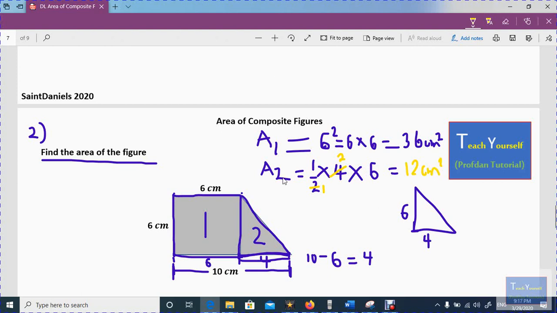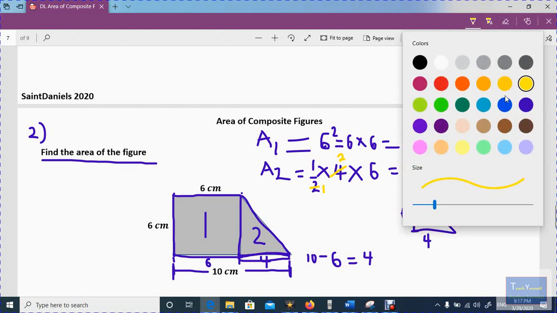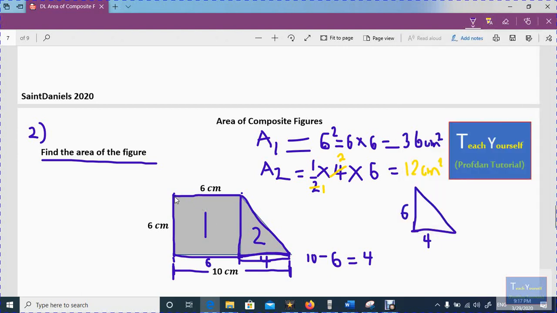Okay, so as the figure appears, we are going to sum up, that is, add the area of this figure 1 and that of figure 2. So your final area is going to be that of figure 1, 36, plus that of figure 2, which is 12. And this finally gives 48 centimeter squared.